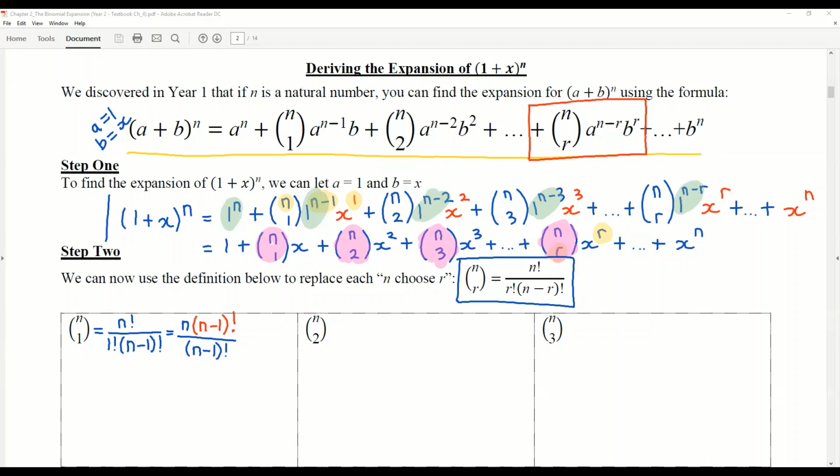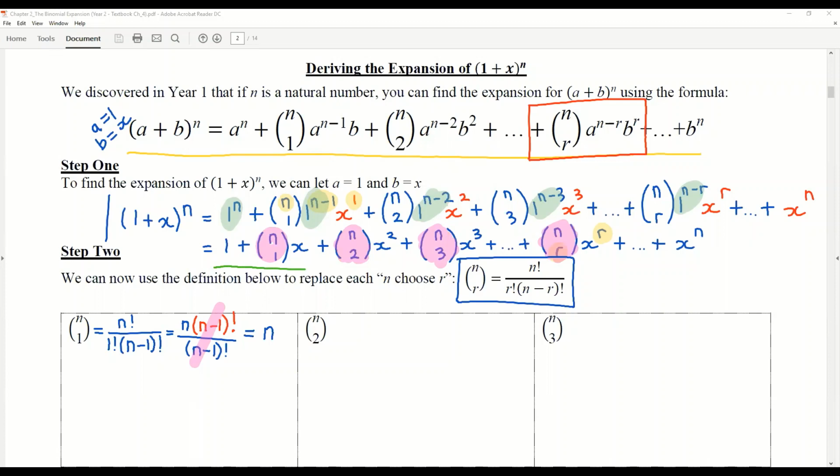And then we get the really nice cancellation now with the n minus 1 factorials. And we are left with n, which is what we suspected all along, okay? So n choose 1 is just n. Great news. So that means I can simplify the first two terms of my binomial expansion straight away, because I know this is just going to be 1 plus nx.